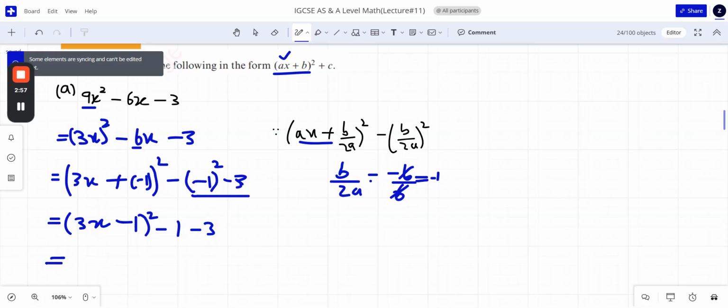At the end, it would be (3x − 1)², then −1 − 3 is equal to −4, which is our required form. Now we got the value of a as 3, value of b as −1, and value of c as −4.